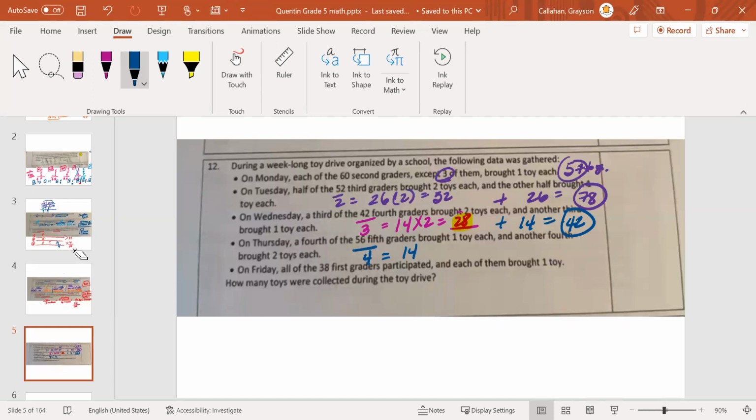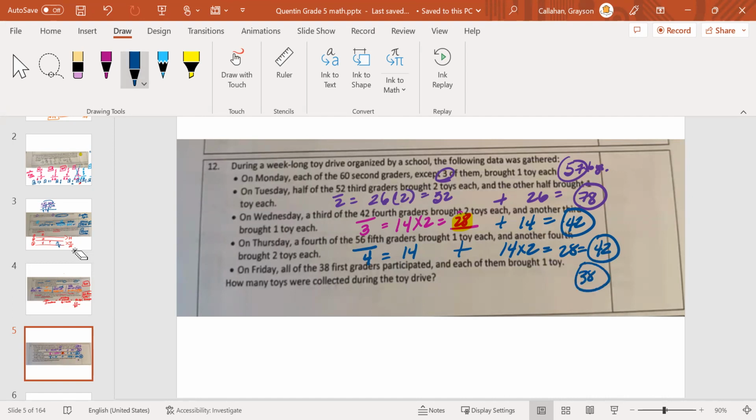And another fourth, which is 14, bought 2 toys, so times it by 2. What's 28 plus 14? I think that's going to be 42. Yeah. Friday, 38 first graders participated and each bought 1 toy.